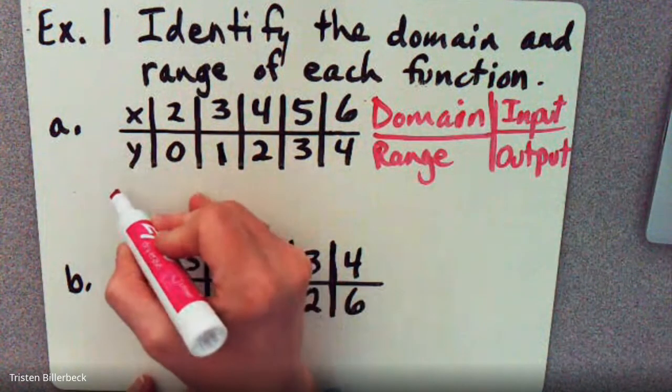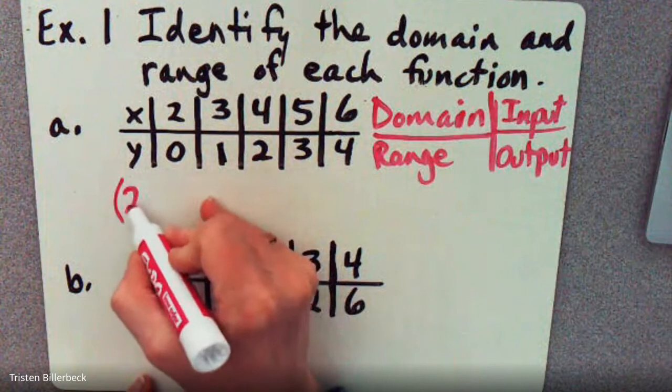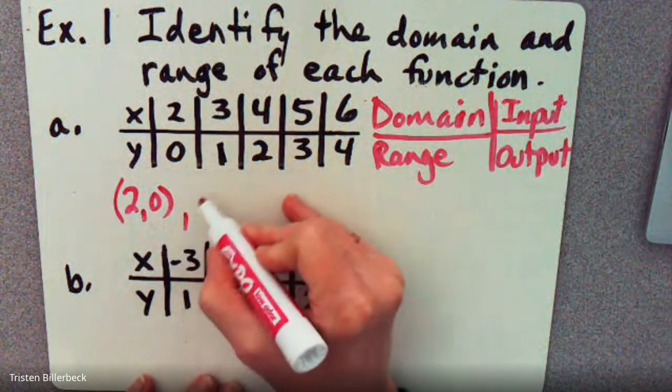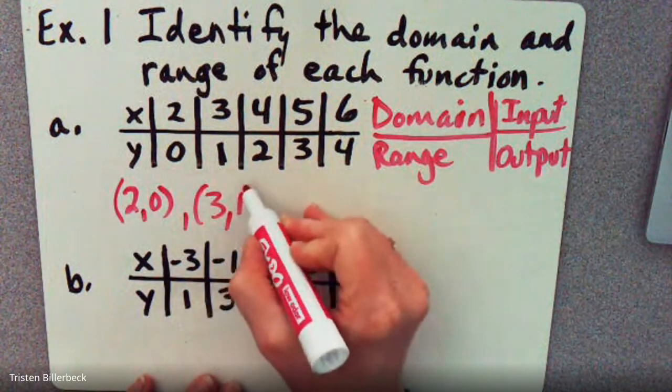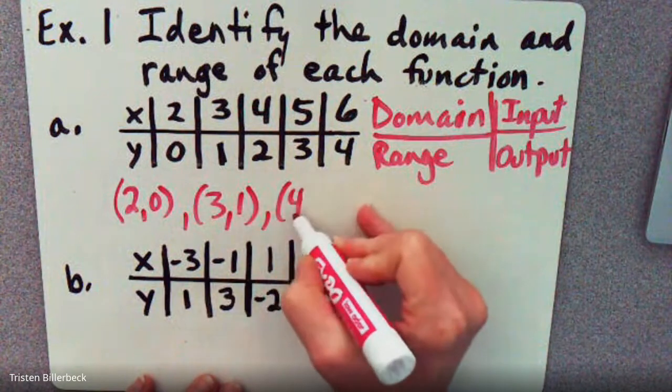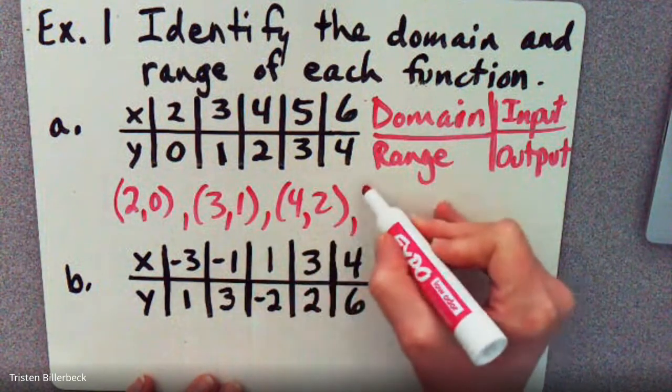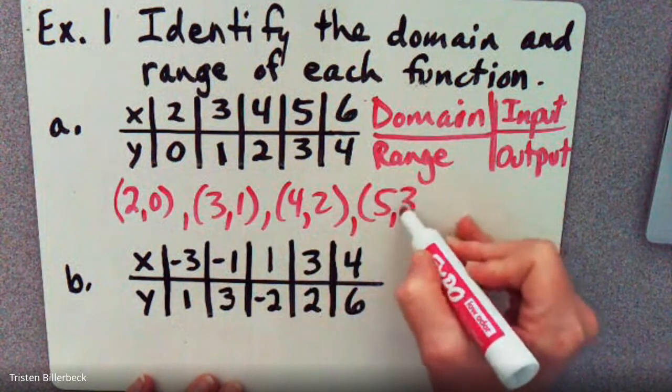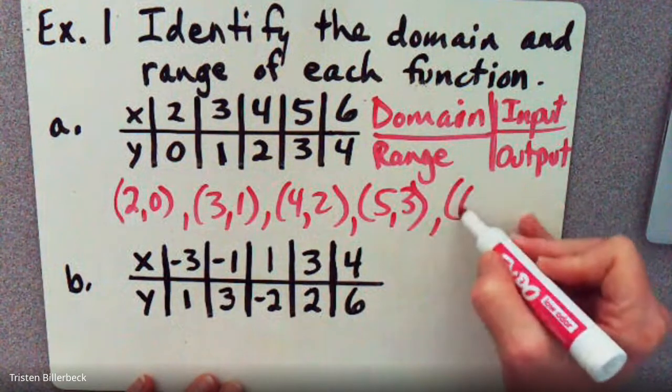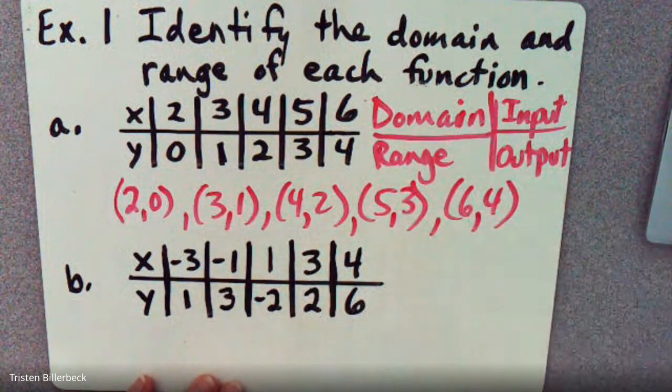And we could write it as coordinate pairs 2, 0, 3, 1, 4, 2, 5, 3, and 6, 4.